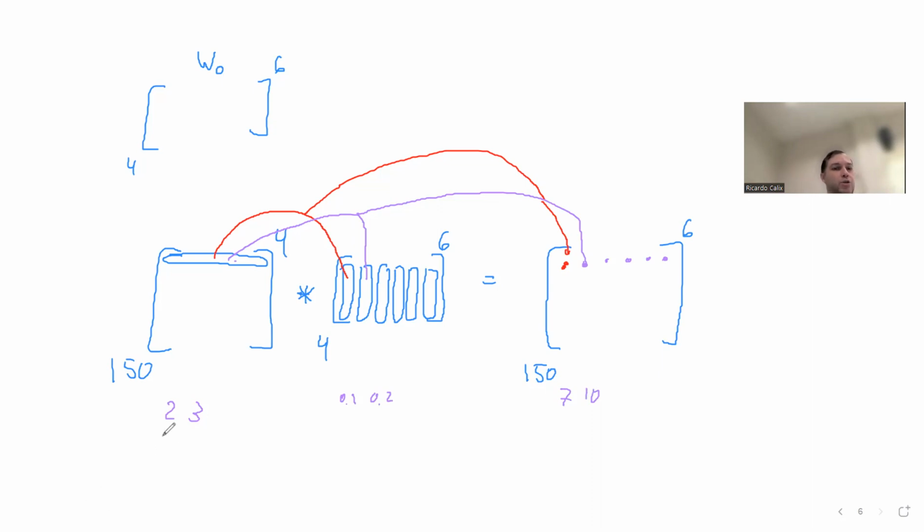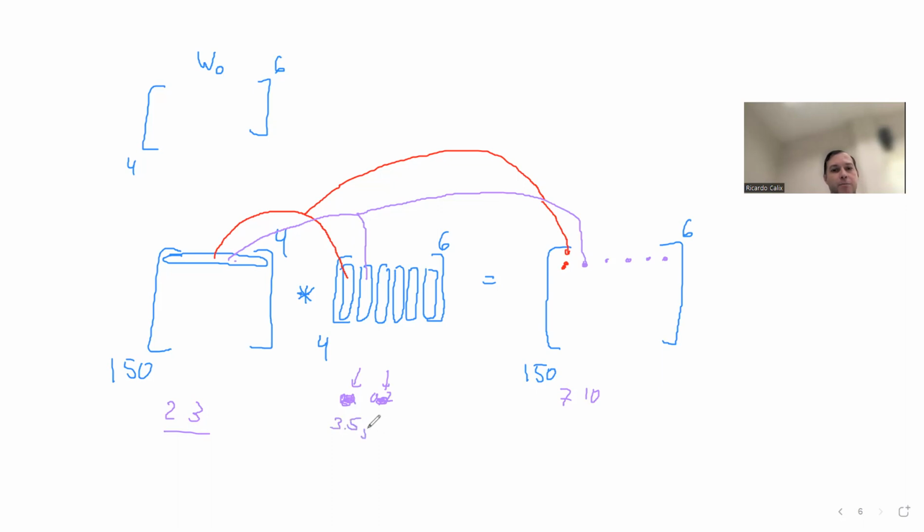So what needs to happen? Can you change 2 and 3? No, because that's the sample. That's the actual data. But you can change these two, see, because those are the weights. So now, given 2 and 3, what would give you 7 and 10? What value should you use here to get those values? Just give me a ballpark. 2 times 3.5, right?